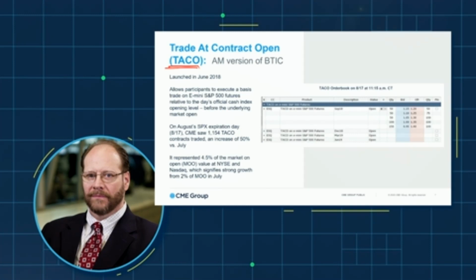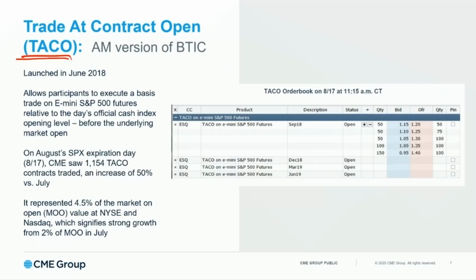A lot of options are settled based on this SOQ number, and as a result, we offer being able to do a trade anytime during the session that will be marked to the trade at contract open number, which is a BTIC transaction but done on the opening rather than the closing valuation. So think about TACO as BTIC but for the open, and it can be done anytime, I think within an hour prior to the opening session at 8:30 Chicago time.